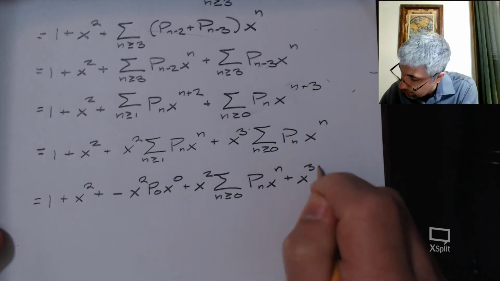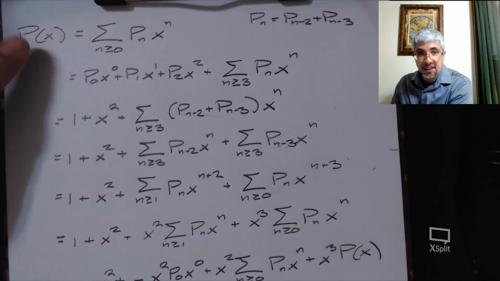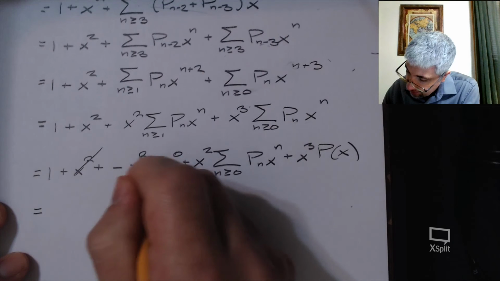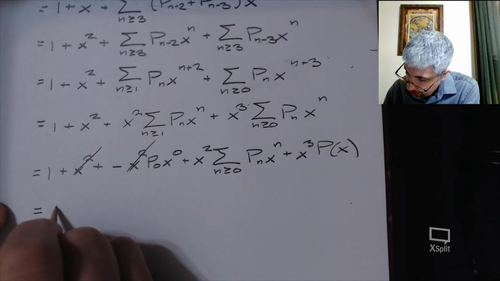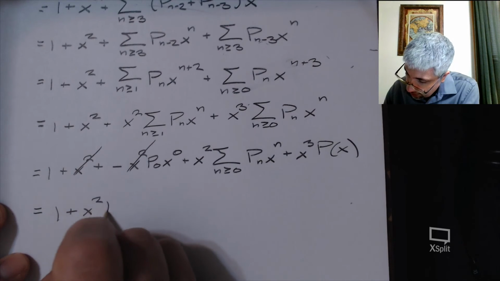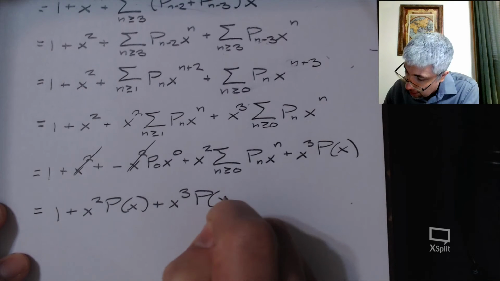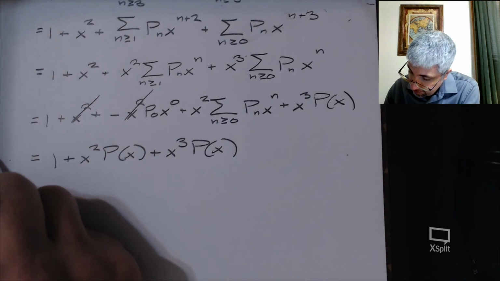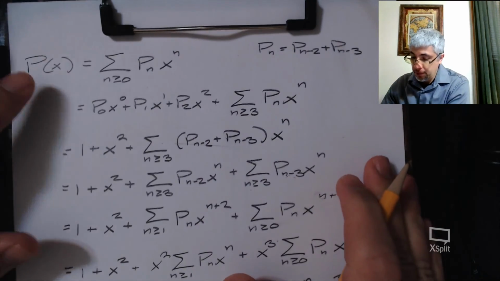And you know what? I can't even wait. I'm going to write that as P of x right off the bat because I know that's what that is. Okay. And now that cancels because this is just a 1. So I'm going to get a 1 plus x squared P of x plus x cubed P of x. And this is equal to P of x still because all of this started with P of x.